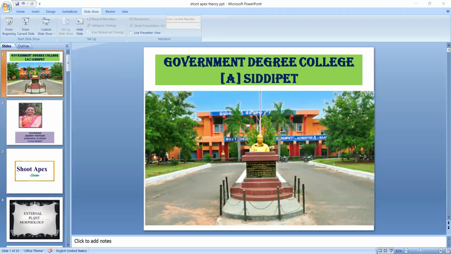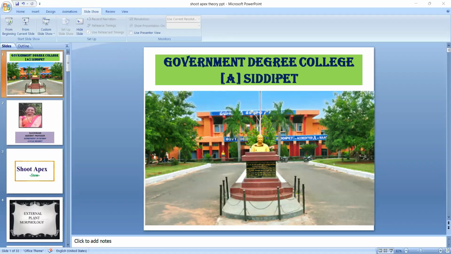In the last class we discussed meristematic tissues, which are divided on the basis of origin and on the basis of position: apical meristem, intercalary meristem and lateral meristems. These are all types of meristems.